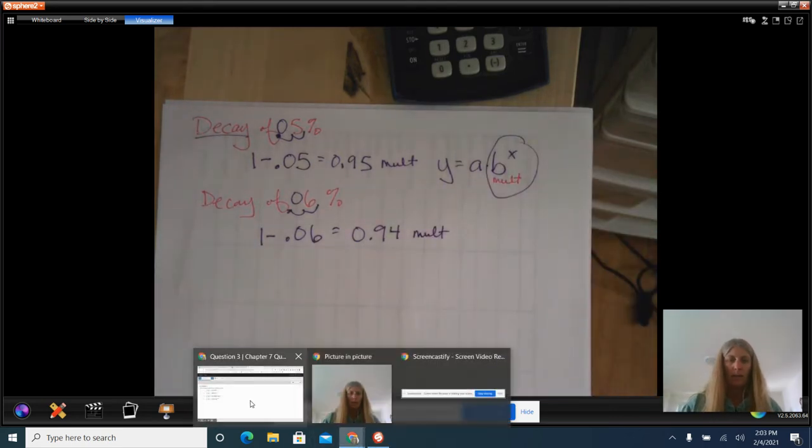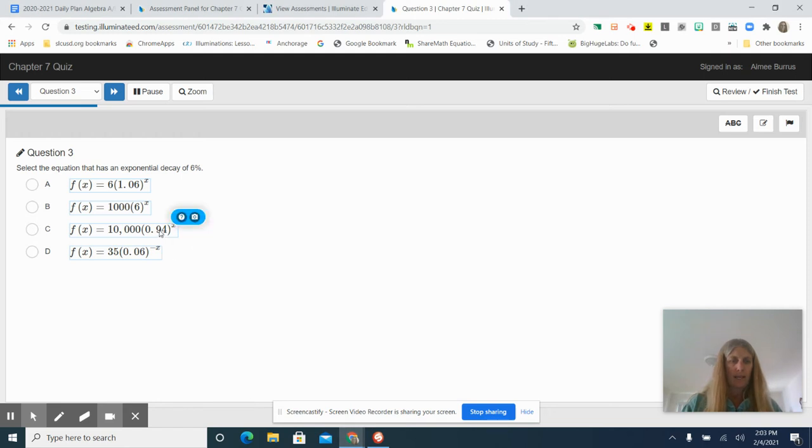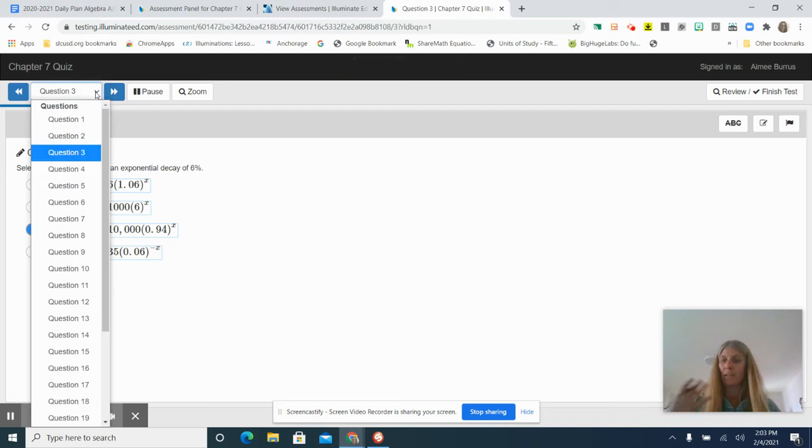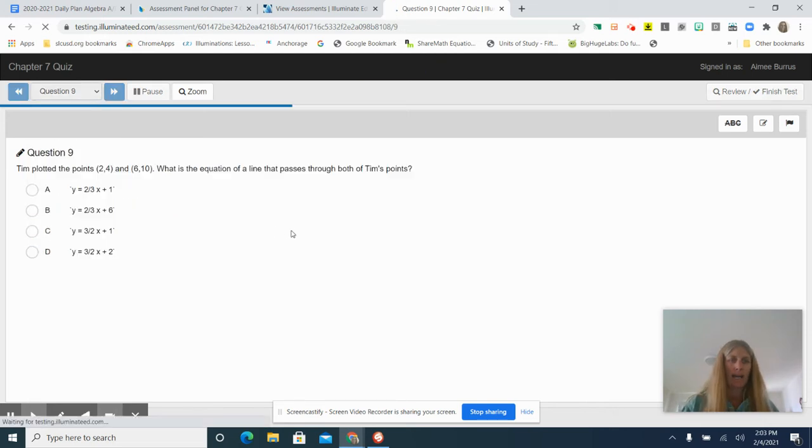So when we're looking at this problem, we see that this one right here, 100,000 times 0.94 to the x power, is going to be our answer. Okay, our next question, there was a whole bunch of decays and growths on this test to make sure that you guys understood.